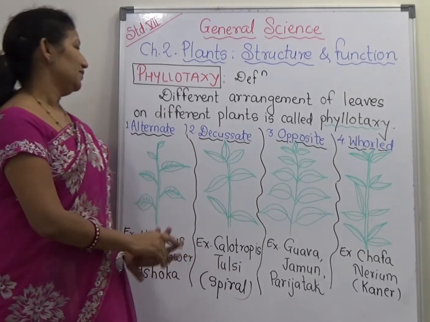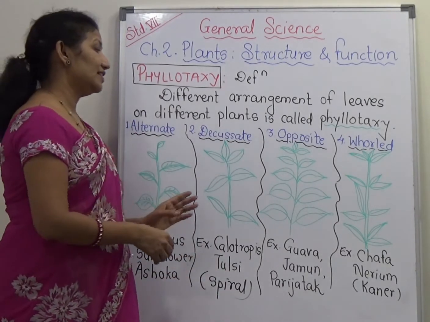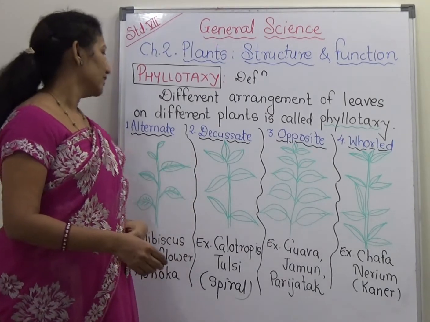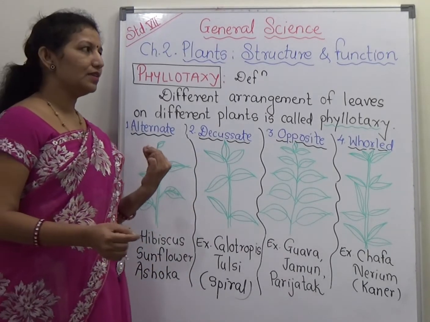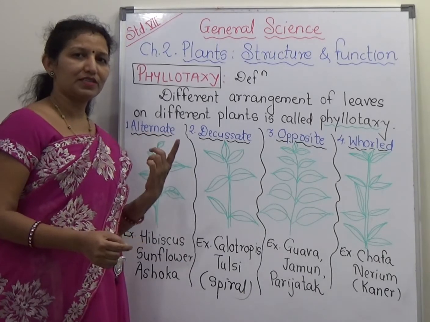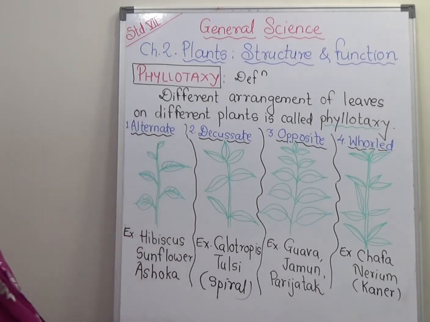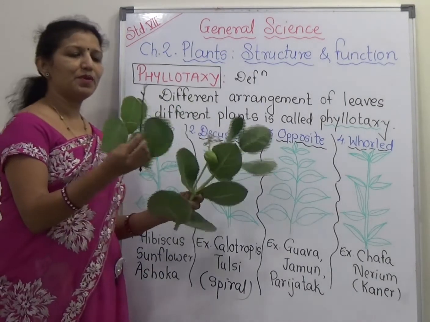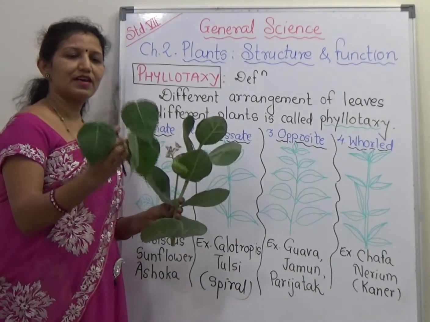In this way, we have studied alternate, decussate, opposite and whorled phyllotaxy. Now, we will revise them in 1 minute. So, first of all, we will study alternate phyllotaxy. It is in peepal leaf, hibiscus, ashoka.